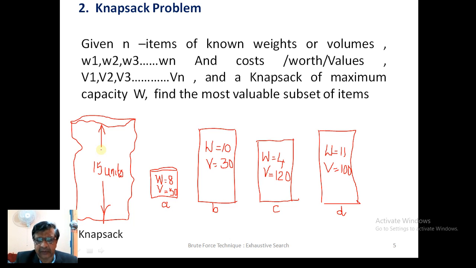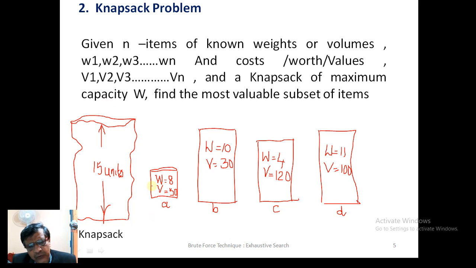You calculate that worth, and the winner is who has collected the maximum valued things in the restricted capacity of the bag. Okay, this is the problem.